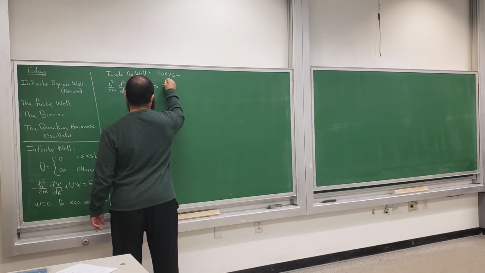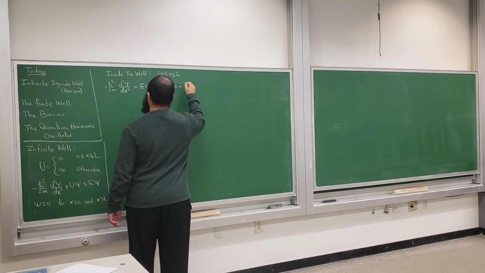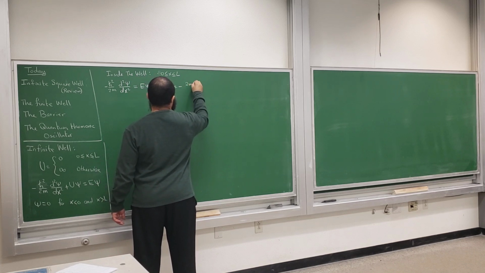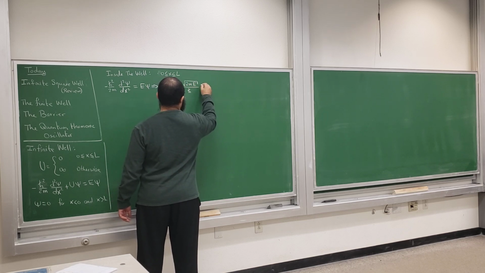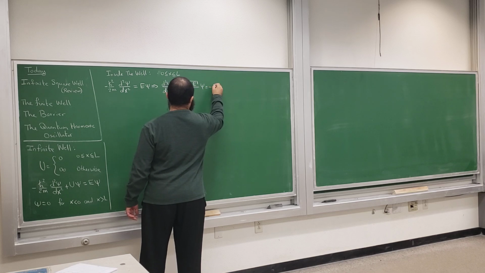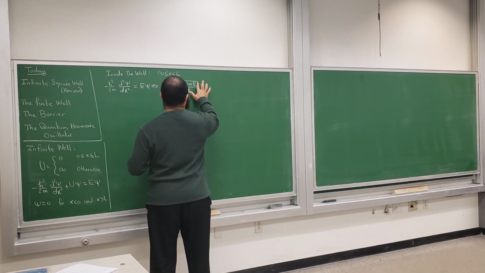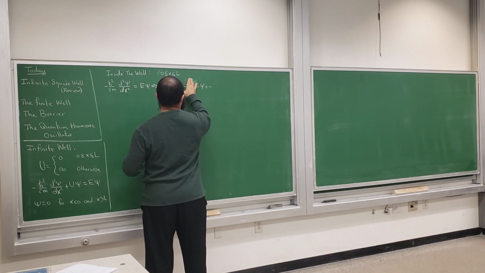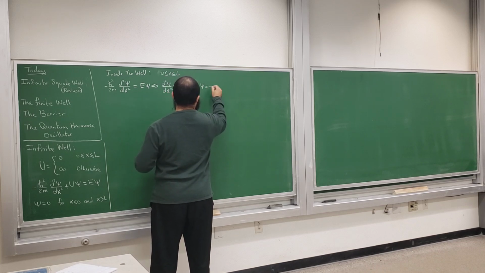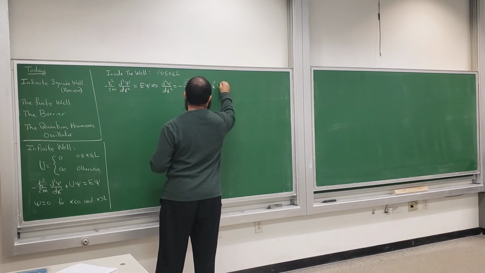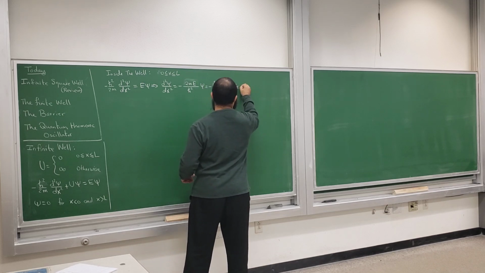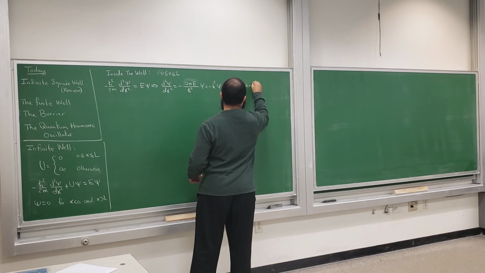We get the second derivative of psi with respect to x is equal to minus 2mE over h bar squared times psi, which is equal to minus k squared times psi, where k is equal to the square root of 2mE over h bar squared.